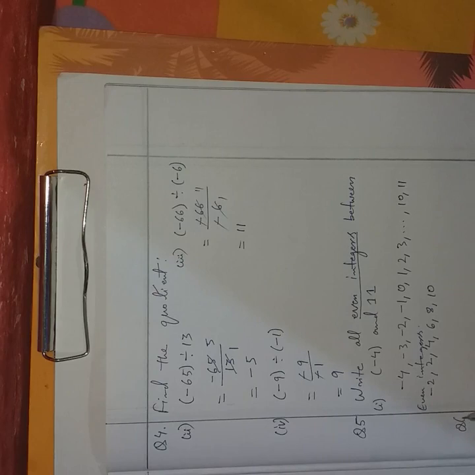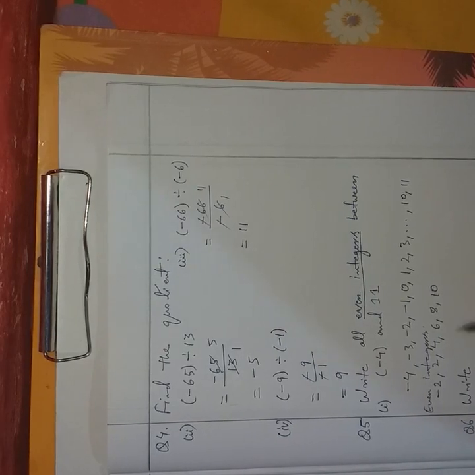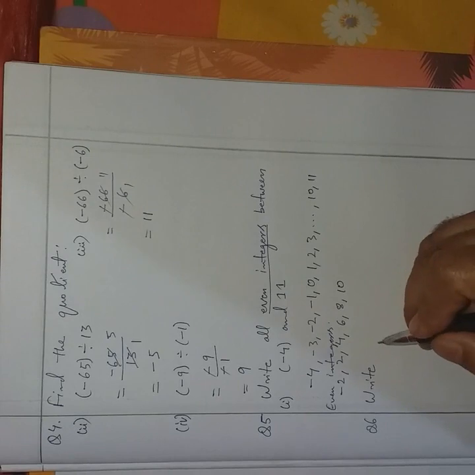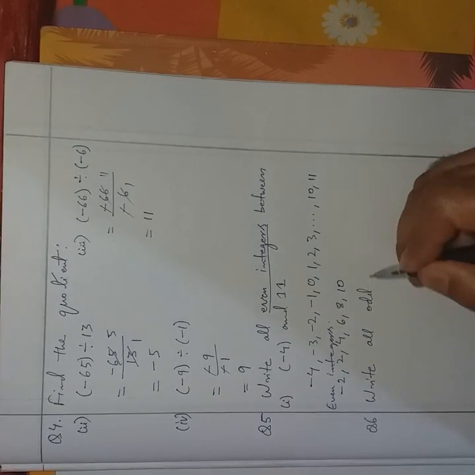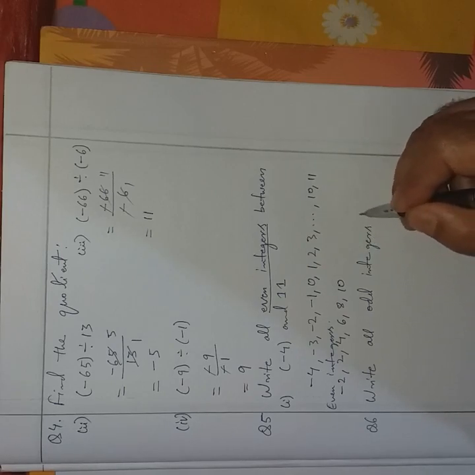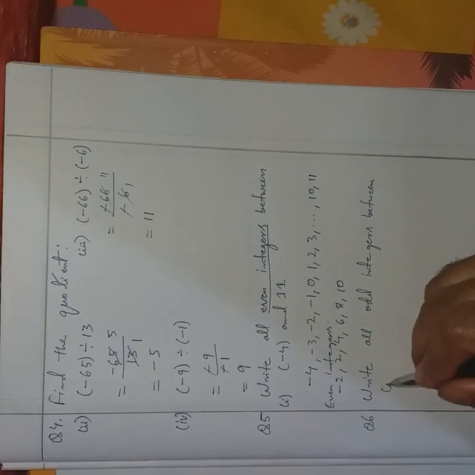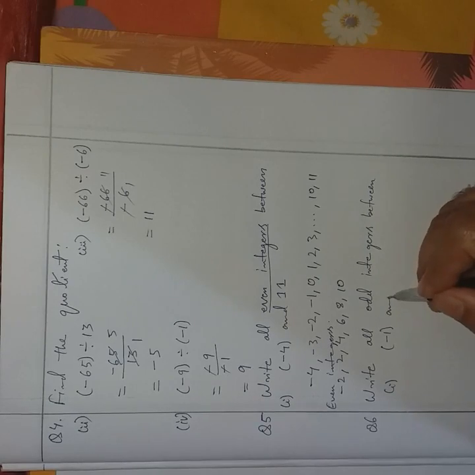Question number 6, it is asking us to write all odd integers between, number 1 I am doing minus 1 and 7.